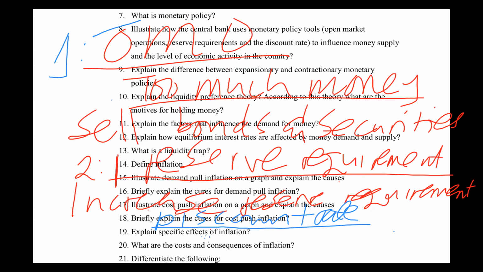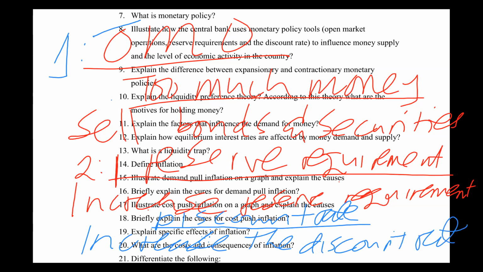The interest rate at which the central bank charges the commercial banks for borrowing is called the what? The discount rate. So when the central bank wants to reduce the supply of money, what they do is increase the discount rate.